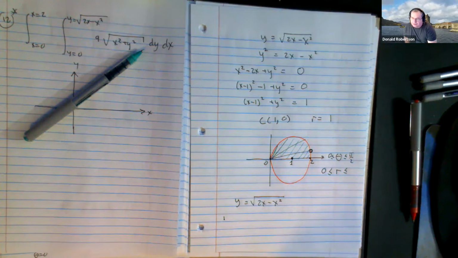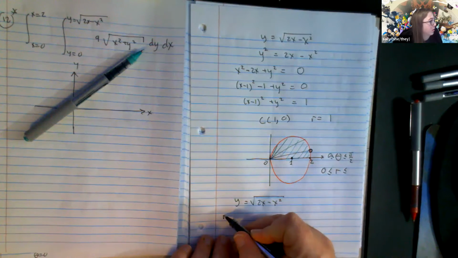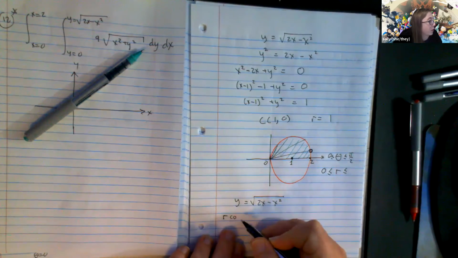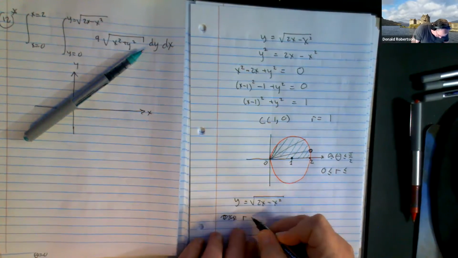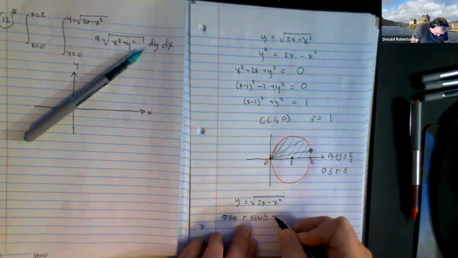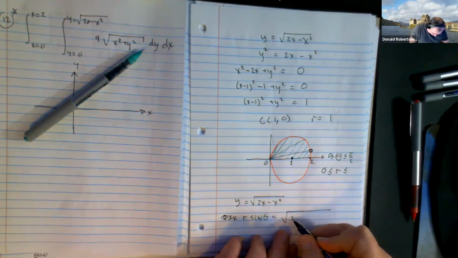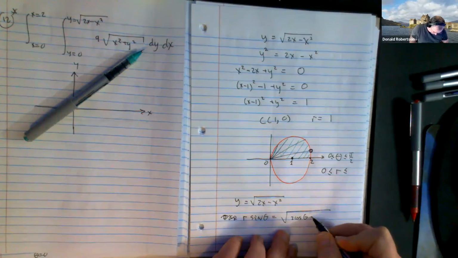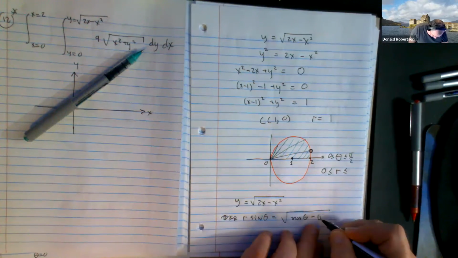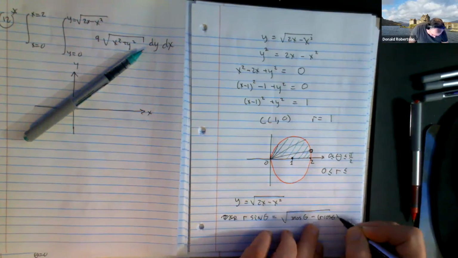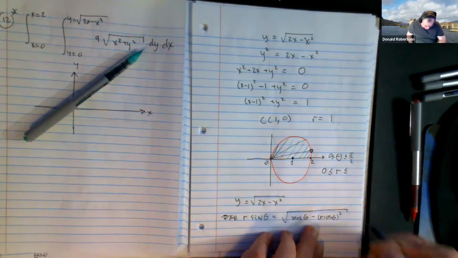What is y equal to? 2r cosine minus 2r squared cosine squared. Oh, you're doing this side. Okay. So r sine theta, that's the y, is equal to what you just said. 2 cosine theta, not 2 r cosine theta. Take away r cosine theta squared. Are you with me so far?